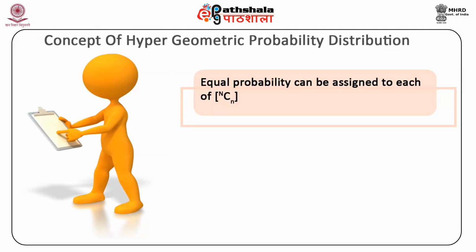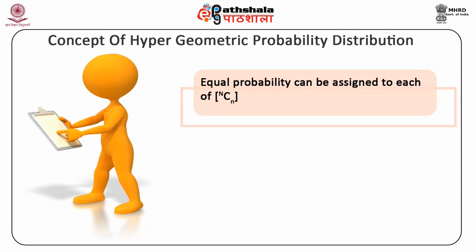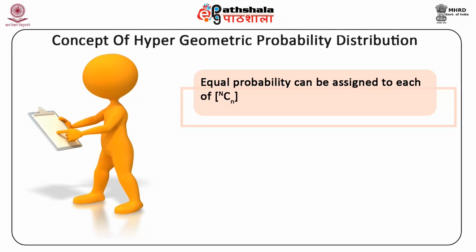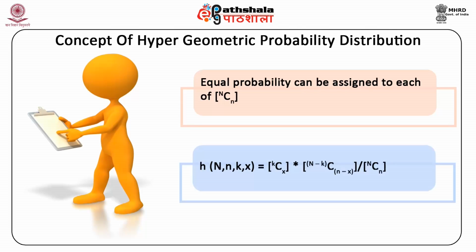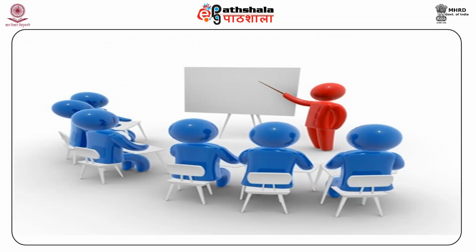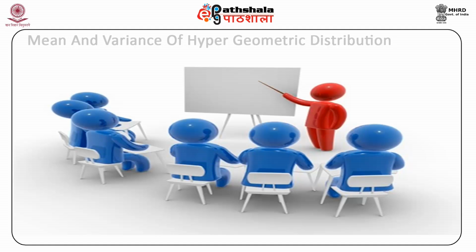Thus the probability function of hypergeometric variable x, which possesses k characteristics out of a sample of size n, will be h(N, n, k, x) equal to kCx into (N minus k)C(n minus x) divided by NCn. For hypergeometric distribution, its mean and variance are obtained in the same way as we obtained in the case of binomial distribution in our earlier module.